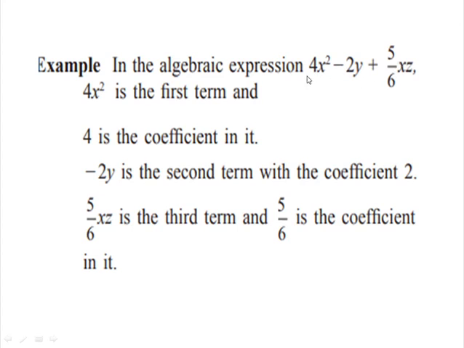That is, 4x square is the first term, negative 2y is the second term, and 5 upon 6xz is the third term. Now, if you look at the first term, 4x square, what is the coefficient? Here 4 is the coefficient. In the second term, negative 2y, what is the coefficient? Negative 2 is the coefficient. Whereas in the third term, 5 upon 6 is the coefficient.